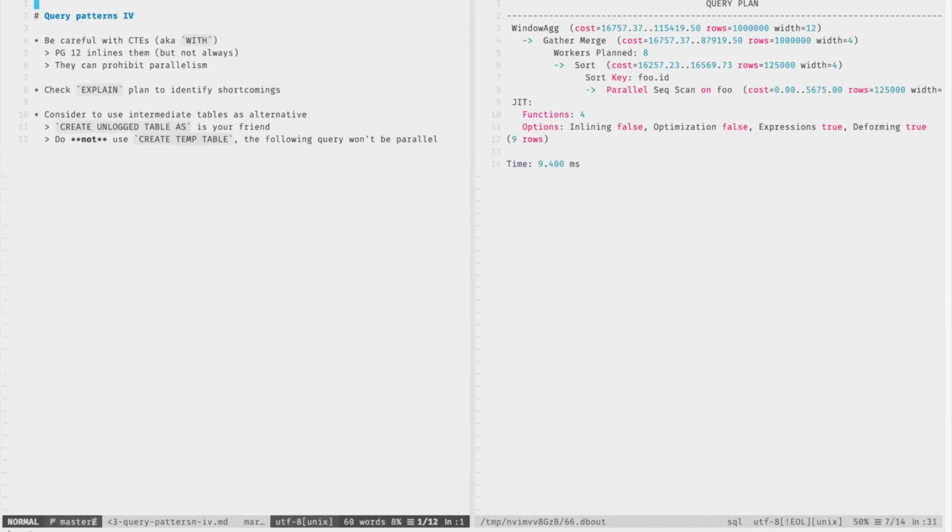Pattern number 4, not really a pattern actually, but more a statement that helps you a lot. And this is the common table expressions, CTEs, or the with statement. So you define a with as something, write your query down, and then effectively you're creating a kind of temporary table, which you can reference later on in the next part of the query.